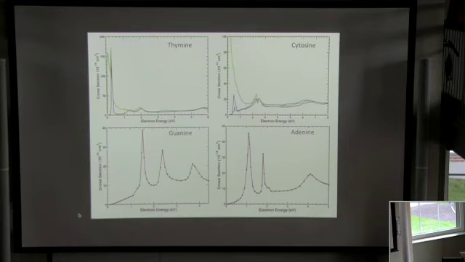Oops. Go back there. Here's a sampling of what we did early on, trying to look at the positions of these resonances in the DNA bases. Okay? These are the 4 bases: thymine, cytosine, guanine, and adenine. Now up here is a bit of sort of laundry.